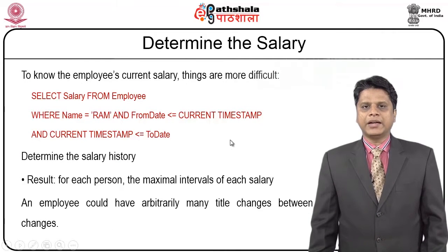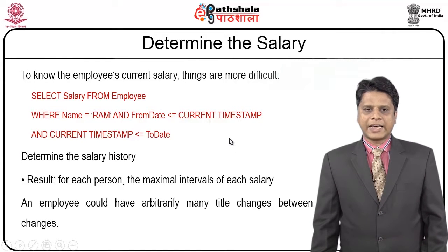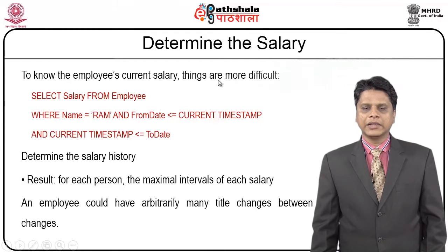Now, to determine the salary of a particular employee, that is, to know the employee's current salary, things are more difficult. The way we represent the current salary, current has to be understood by the system.